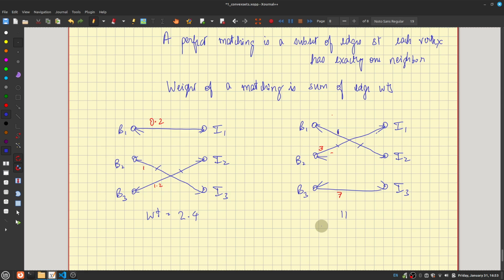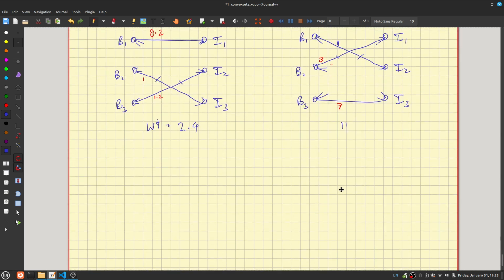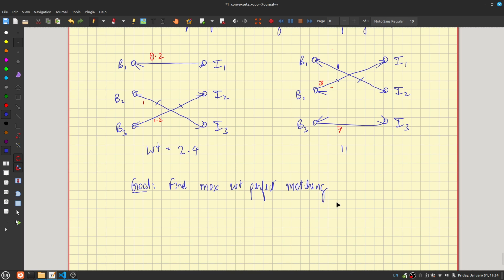Because if I think of this particular problem, I want to maximize the amount of money I can make. So the goal is to find the max weight perfect matching. Okay, the problem is clear.